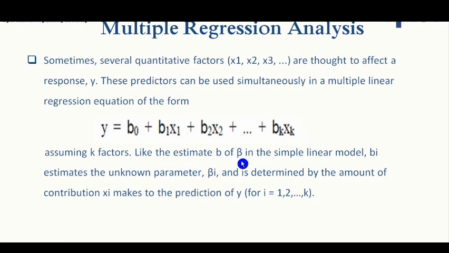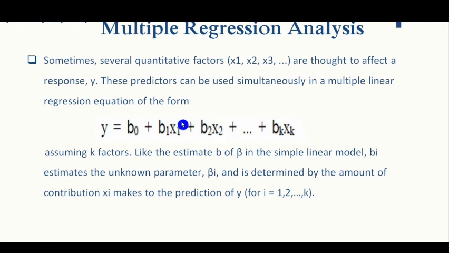Like the estimate b of beta in the simple linear model, we want to estimate now these coefficients by using our data. So we assume that we have the data on all these variables x1, x2, xk as well as y. For example, if we are talking about the systolic blood pressure of a patient, then it may not necessarily depend upon only the age of the patient but also on the weight of the patient.